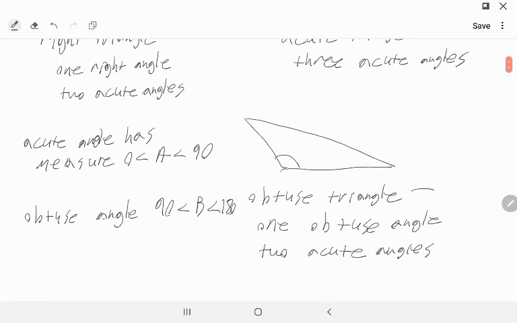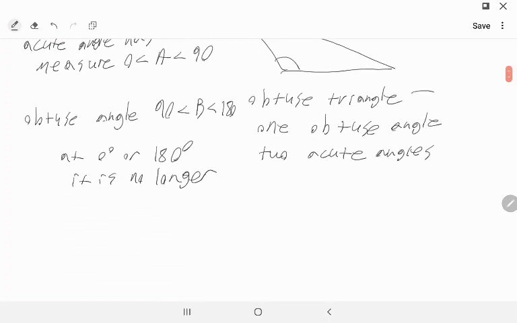Turns out if you get to 180, then, well, it's technically obtuse. But at that point we would call it a straight angle. And at that point it's not a triangle anymore. So actually we should make it less than 180. We notice that at 0 degrees or 180 degrees, it is no longer a triangle.